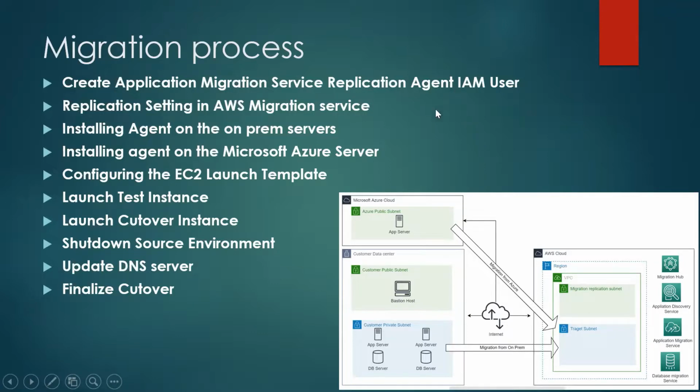Then we launched a test instance, performed cutover, shut down the source environment, updated the DNS, and finalized the cutover. So that's how migration works in the lift and shift approach.